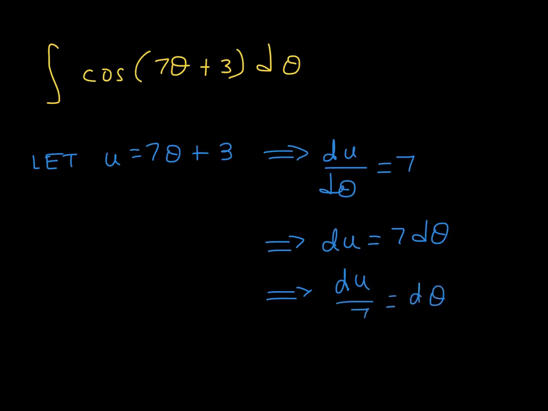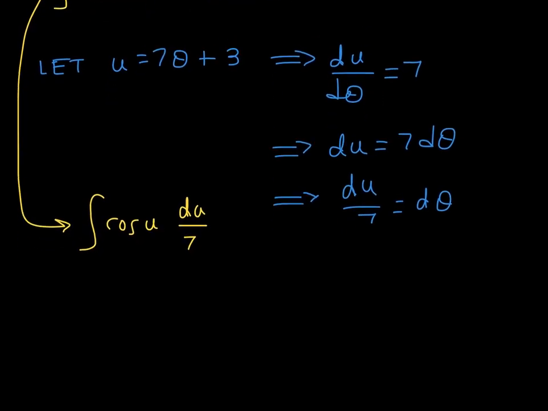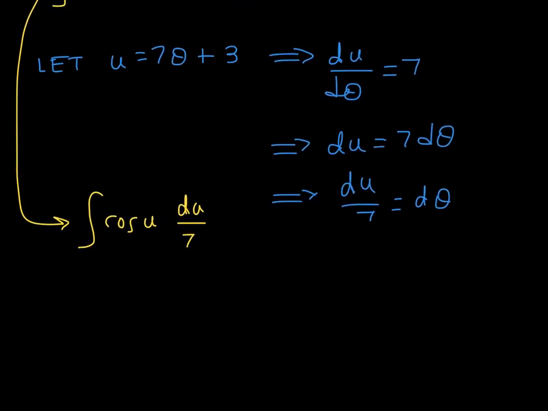Okay, so with this substitution, this integral becomes the integral of cosine of u du over 7.